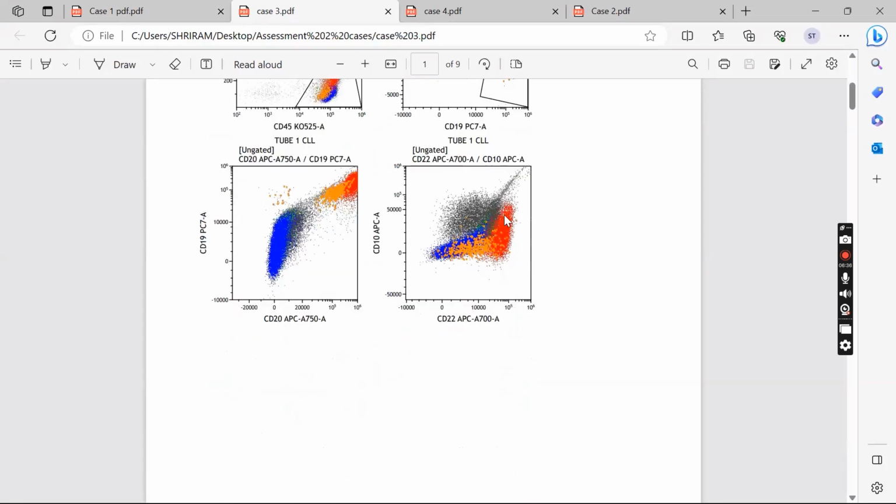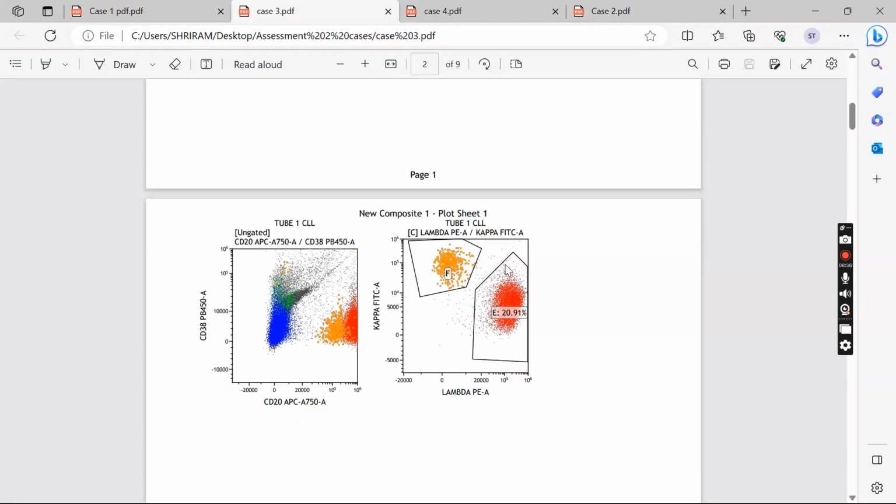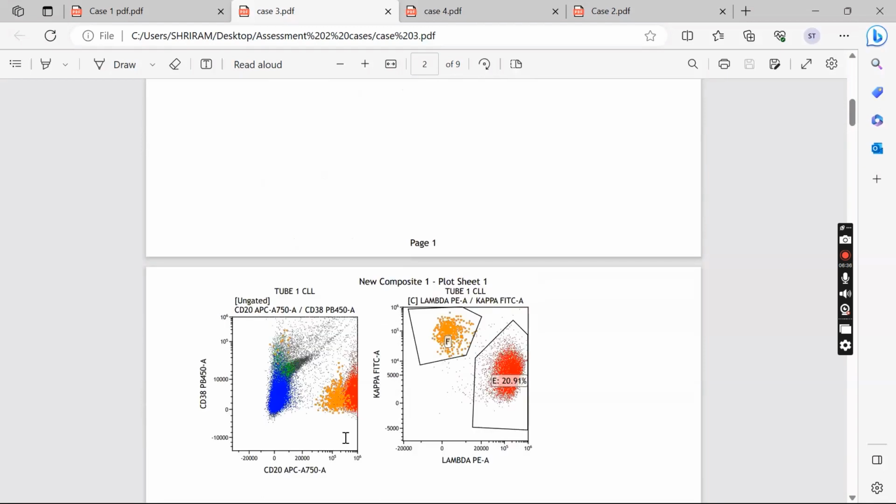So yeah, now coming to the diagnosis, let's summarize this case. So we have a clonal B cell population, which is kappa restricted, of course, in a dim fashion. It is expressing CD5 in a dim to negative fashion. It is expressing CD23 in a variable fashion. CD200 is bright. CD20 is slightly downregulated or slightly dimmer in expression compared to the normal B cells.